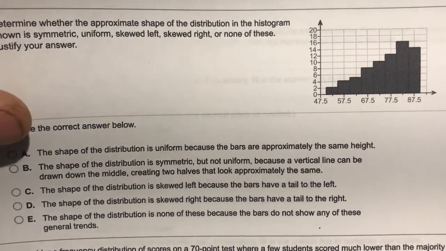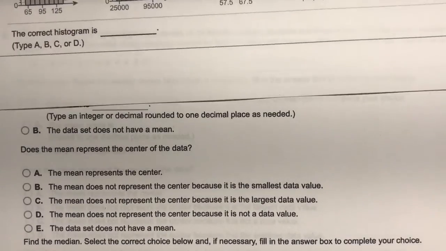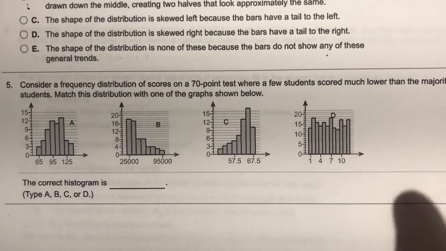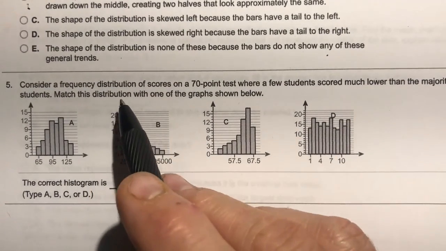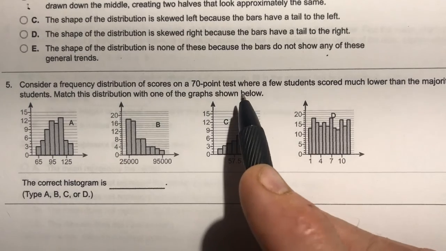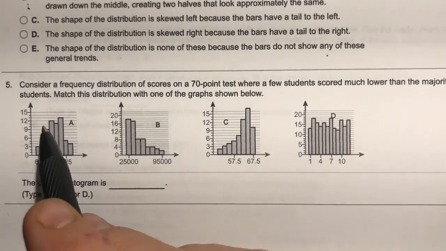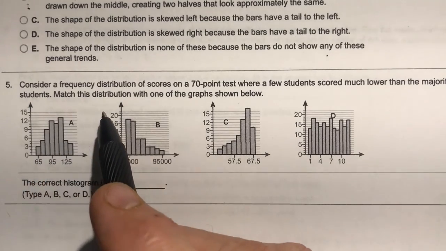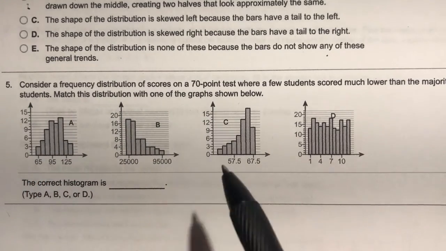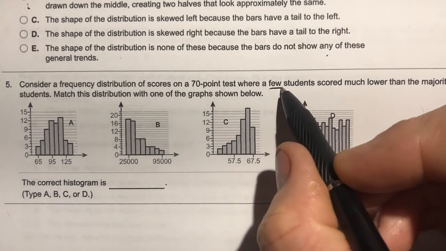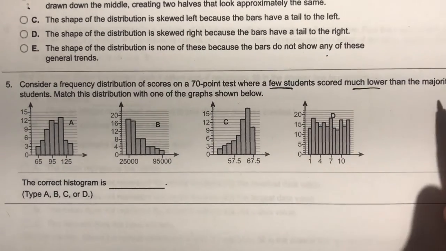Okay. And number 5. Consider a frequency distribution of scores on a 70-point test where a few students scored much lower than the majority of the students. Match the distribution with one of the graphs shown below. All right, so the key here is a few students scored much lower than the majority.